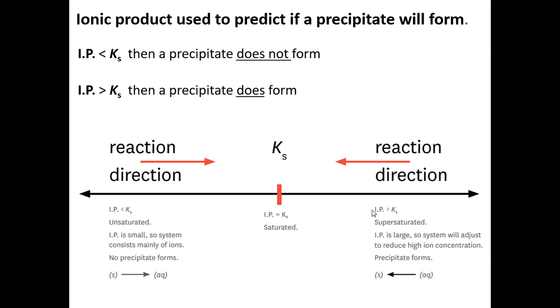Or the other way around, if my ionic product is bigger than my Ks, then I have too many ions in solution, so it's greater than equilibrium. So in order to reach equilibrium, some of those ions have to precipitate out so that my concentration of ions is the same as what it should be at equilibrium. So let's look at a calculation.